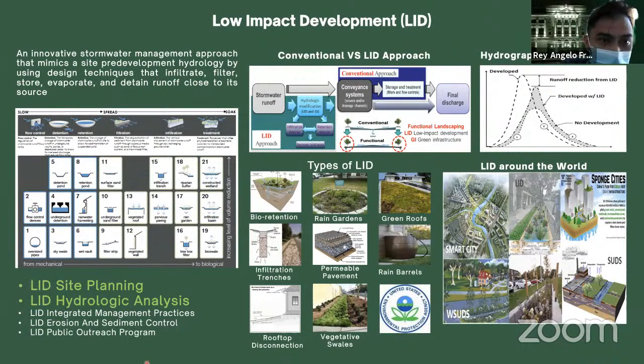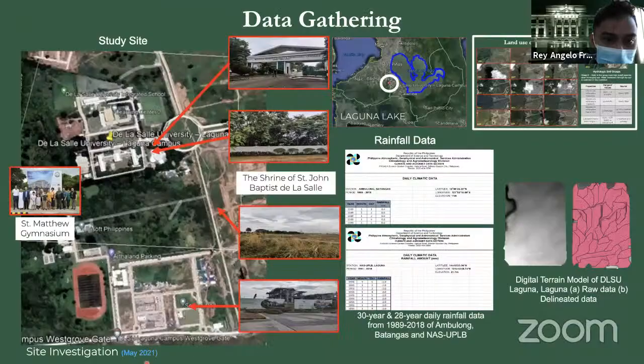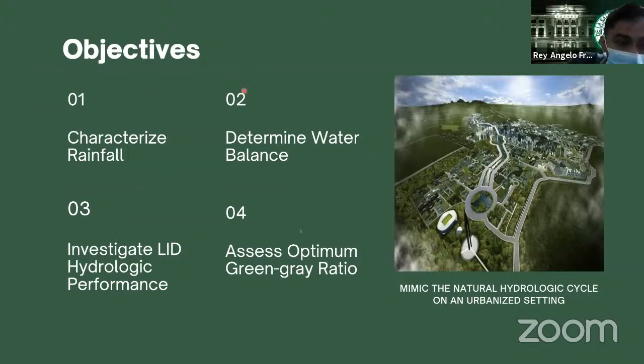Okay, so next, the objectives. For the objectives, we have 4. First is to characterize the rainfall because different sites have different rainfall intensity, so it is important to have localized rainfall data. Next one is to determine the water balance of the site with and without the use of LID.